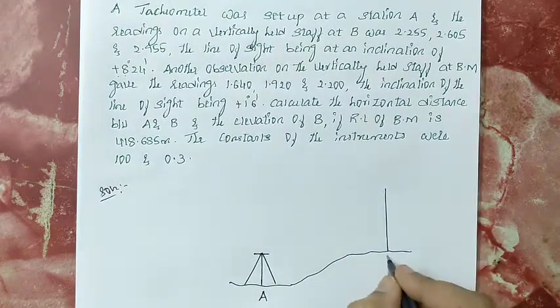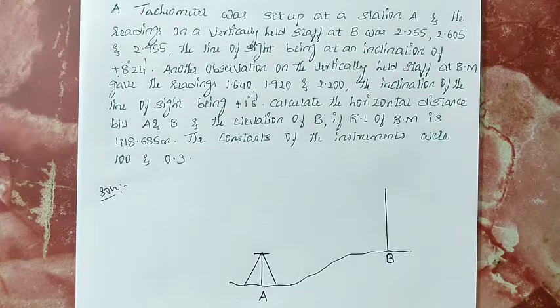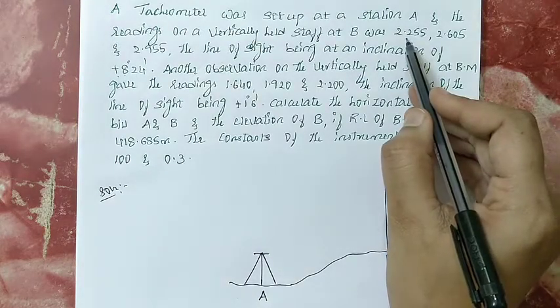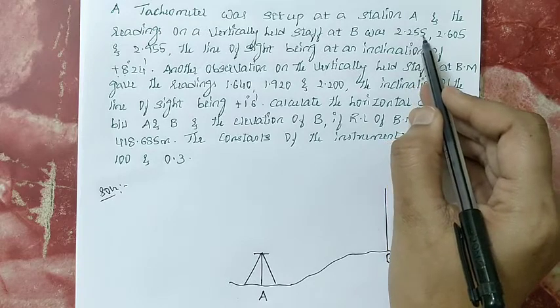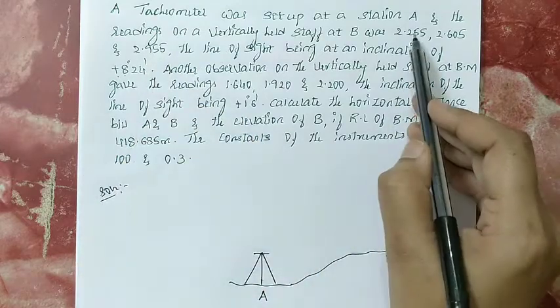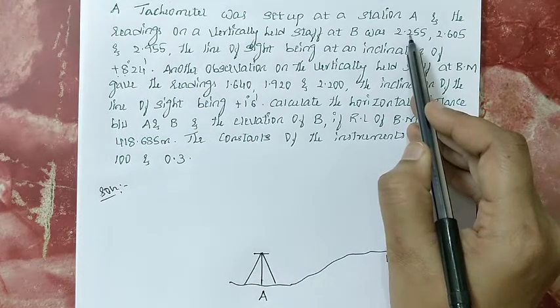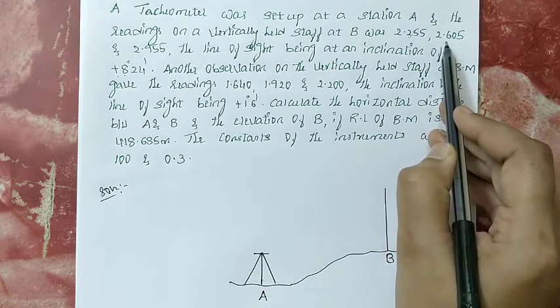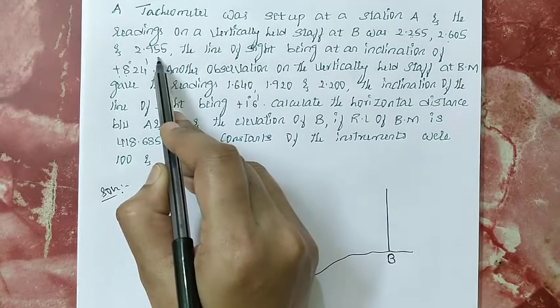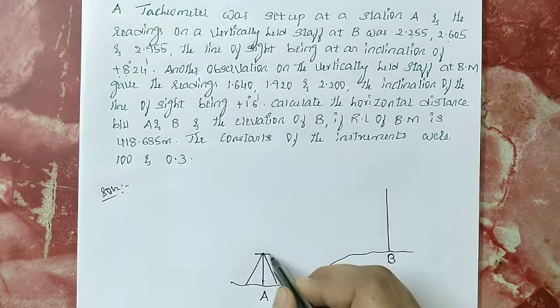This is station B, and the observations were taken and the respective staff readings are 2.255, 2.605 and 2.955. The first reading will always be the upper stadia, the second reading the middle stadia reading, and the third one the lower stadia reading. Angle of elevation.